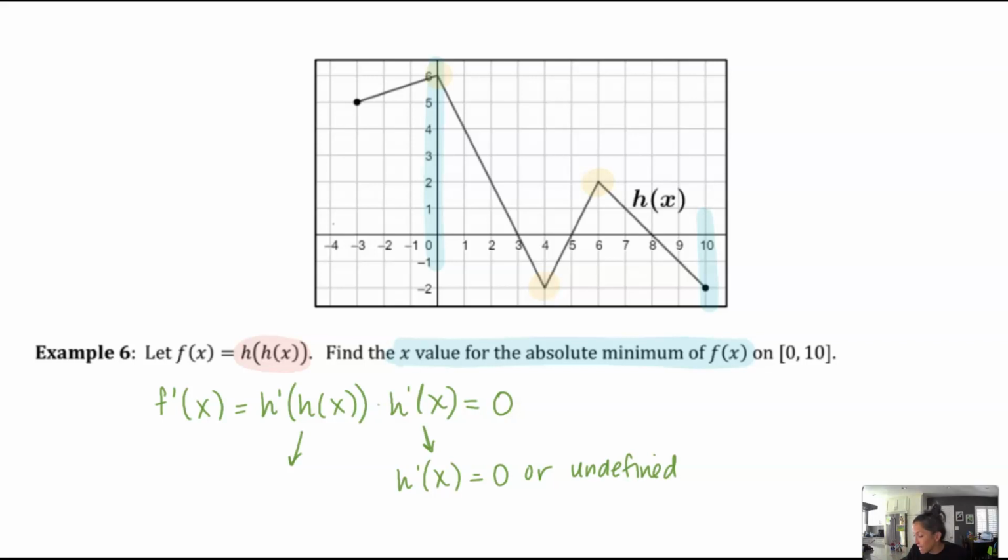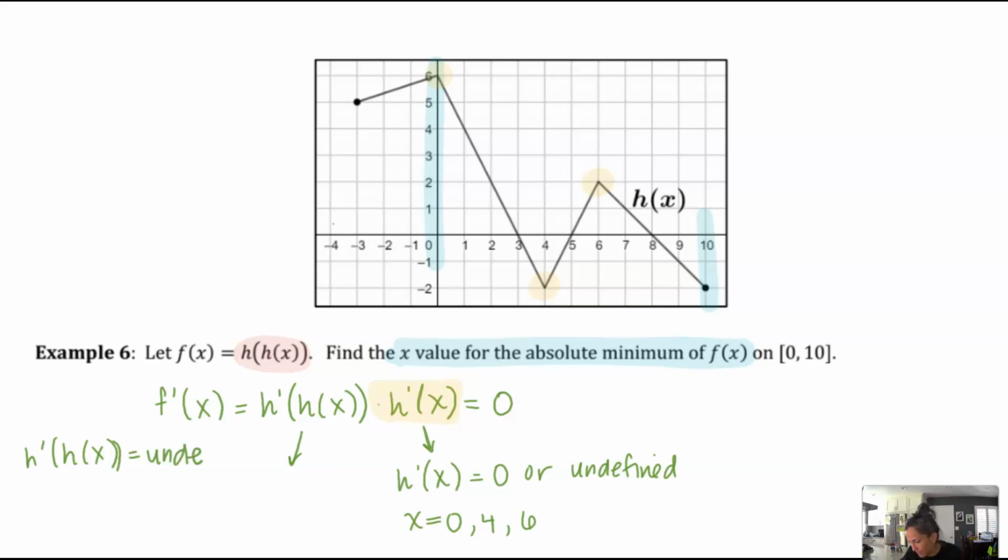So for this section, for the h prime of x equal to 0, we're looking at the following values: when x is equal to 0, when x is equal to 4, and when x is equal to 6. All of those are times my h prime is equal to 0. Now, oh no, I'm deeply regretting my life choices of not trying this one before, because now I need h prime of h of x to be undefined or 0.